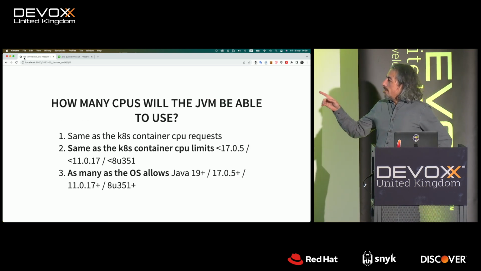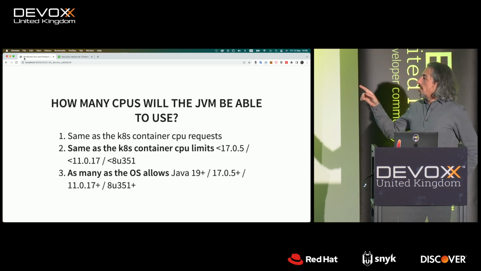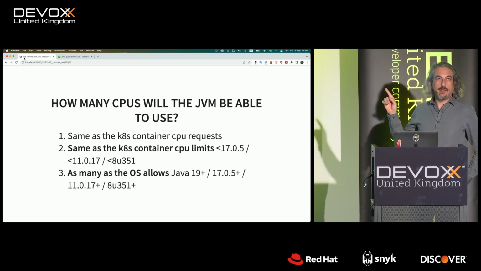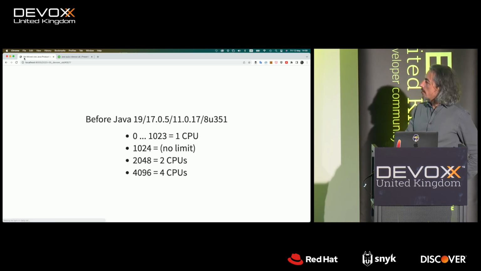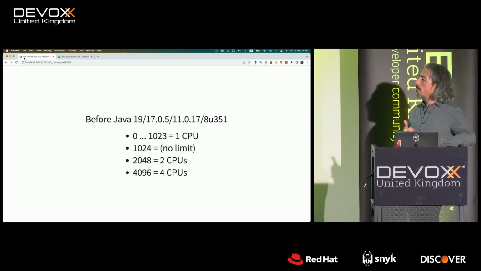So these numbers, same as the container CPU limits, this was on versions before, if I get it right, October 2022, so around 6 months ago. This changed. Now it's as many as the OS allows, because before that, it was a very weird way of figuring out how many CPUs the JVM thinks are available.